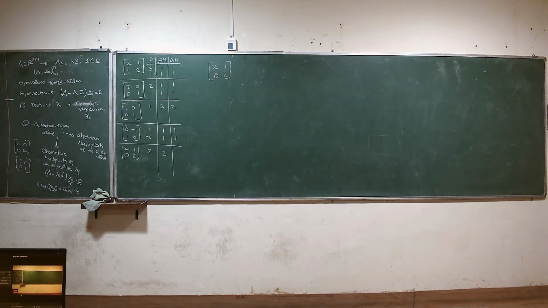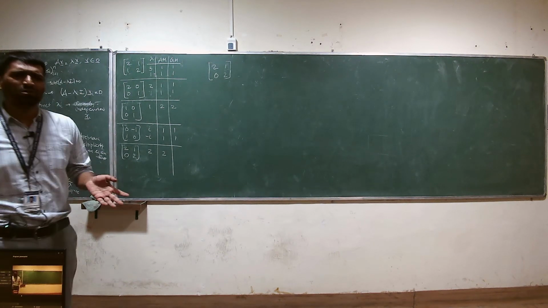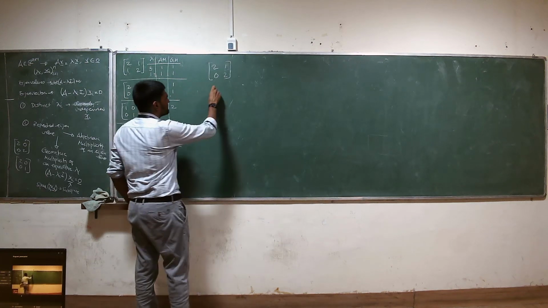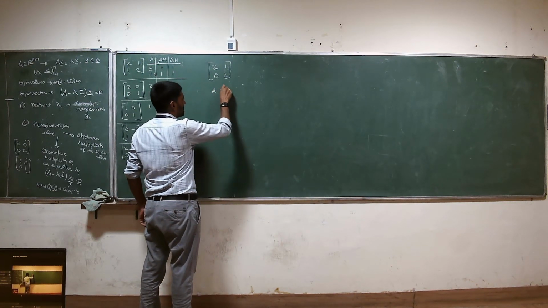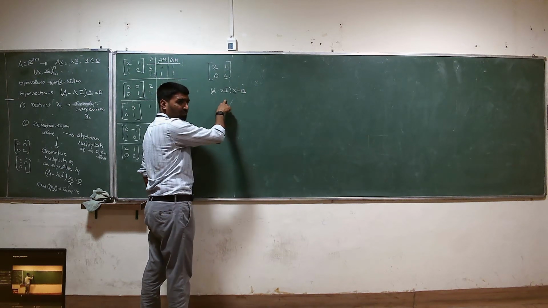What do you get? Eigenvector cannot be 0. You've made a mistake. What is A minus 2I? This is what you're trying to solve, right?